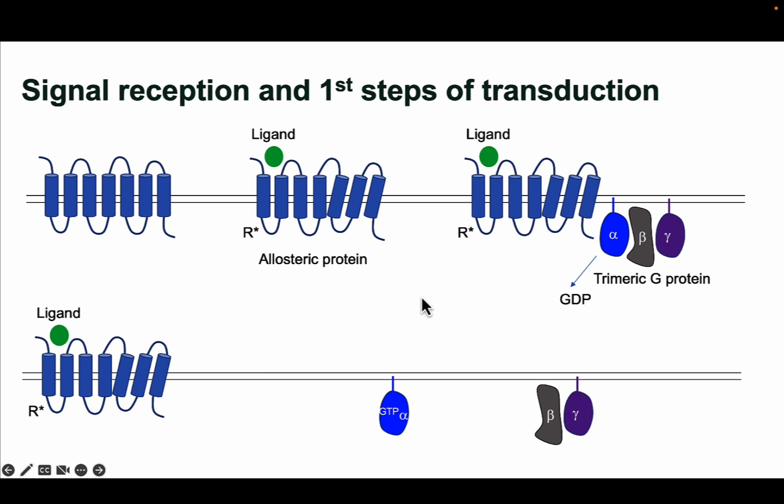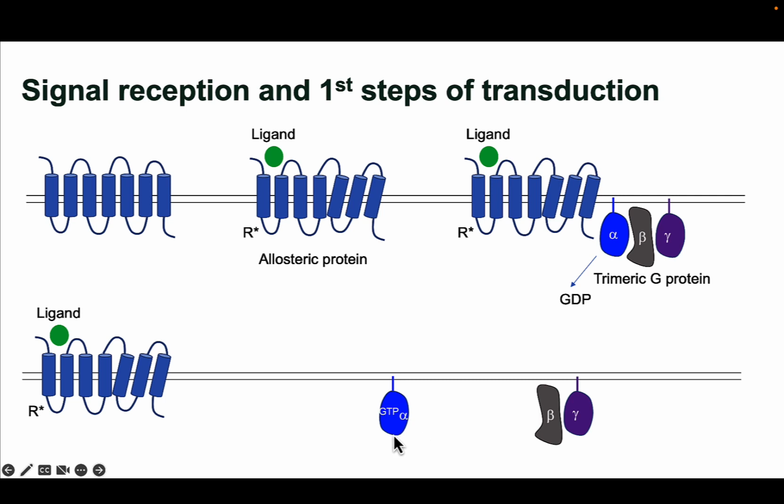Okay, so let's do this one more time. We have our G protein coupled receptor, the ligand binds, it changes shape, right? This shape change helps the alpha subunit of the trimeric G protein exchange GDP for GTP, and this causes the alpha subunit to dissociate from the beta gamma.